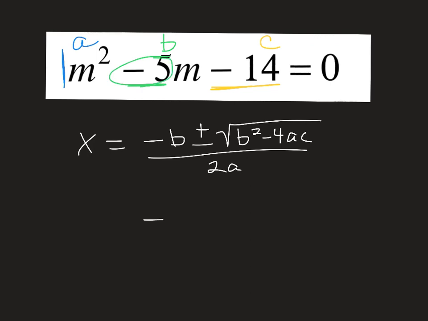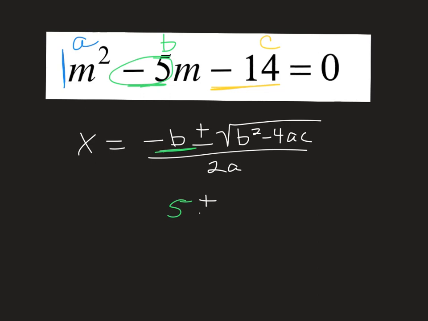So if I substitute the negative 5 into the formula, it's really going to be a negative negative 5, which is a positive 5. So just for my own ease and to make it less messy, I'm going to go ahead and just substitute a positive 5 in for B, because the opposite of a negative 5 would be a positive 5.